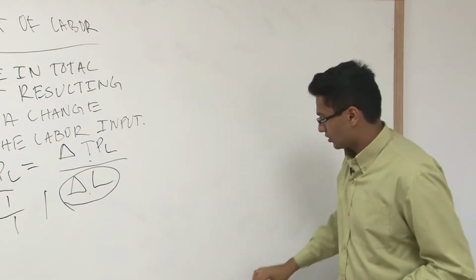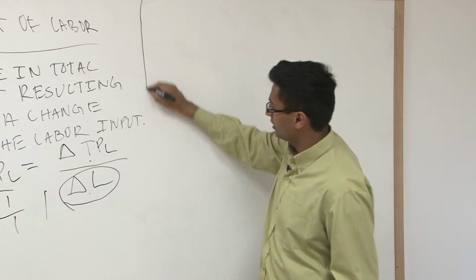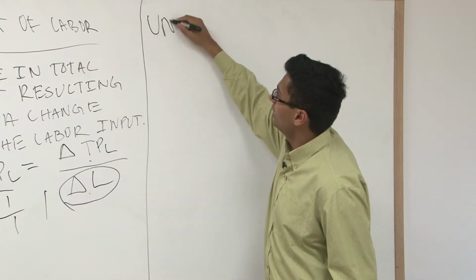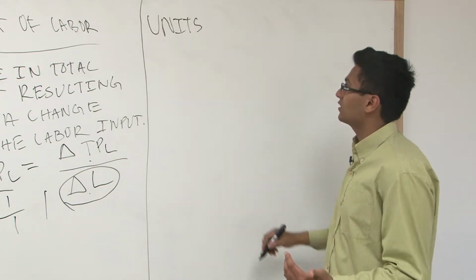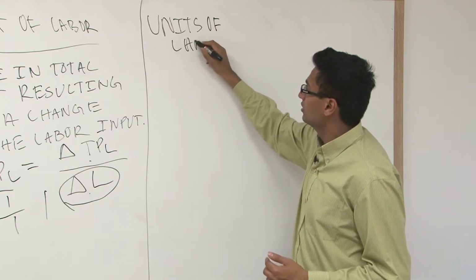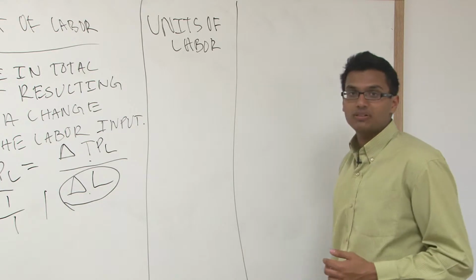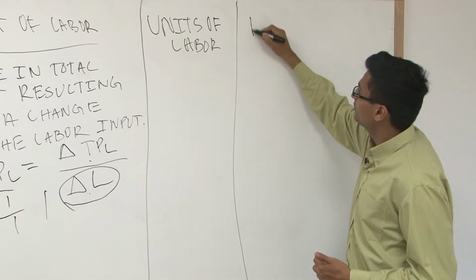The chart says the following. First one is units of labor. How many people am I employing? Do I have 1 worker? Do I have 2? Do I have 3 in my factory? Next topic is total product of labor.